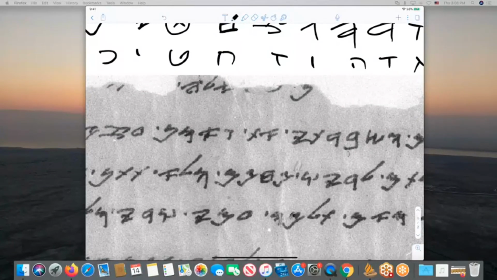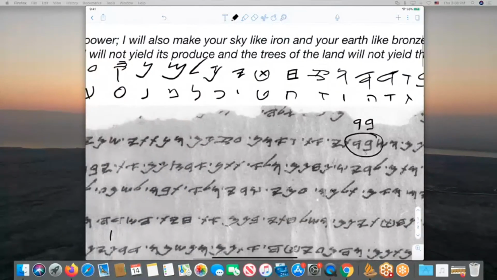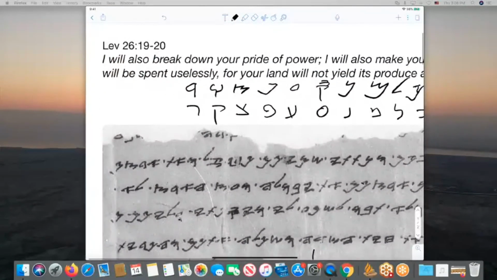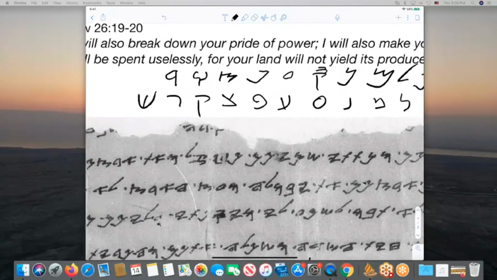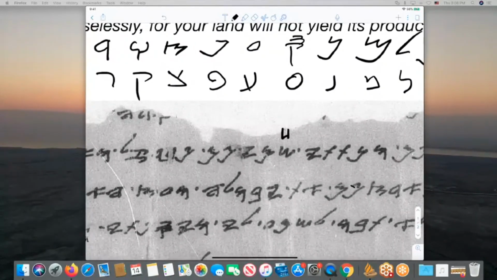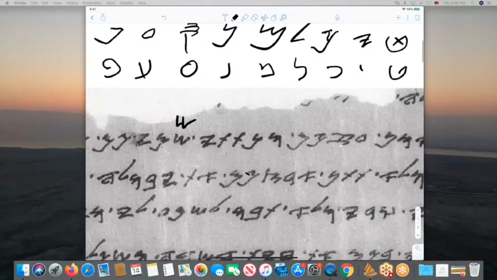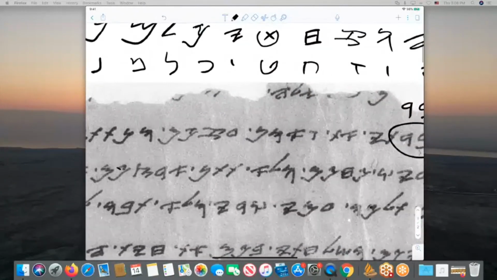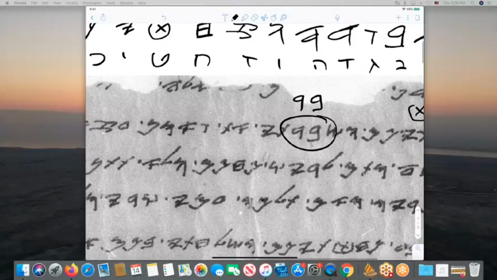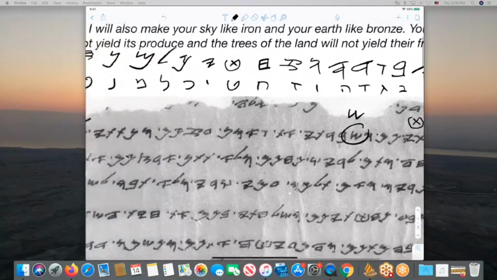You can compare. So this is a Bet, right? And then a Resh. So there's our Resh. Shin. If you remember our Shin, we had that right here. Shin, that was one of our first words, shavarti. The first letters right here. So there's our Shin.